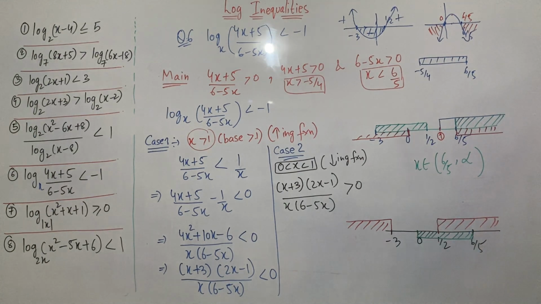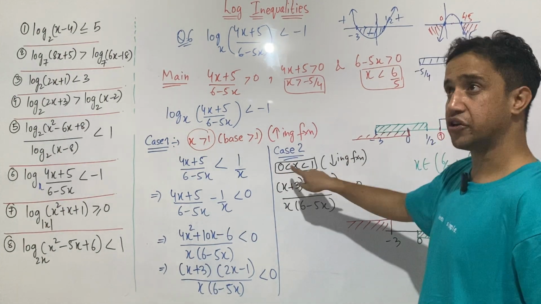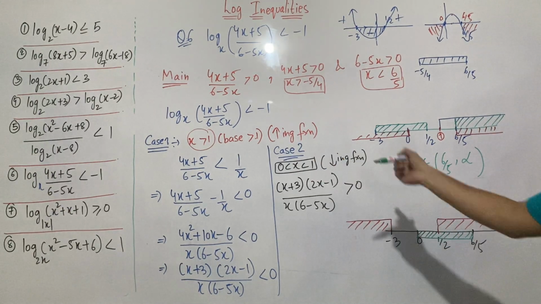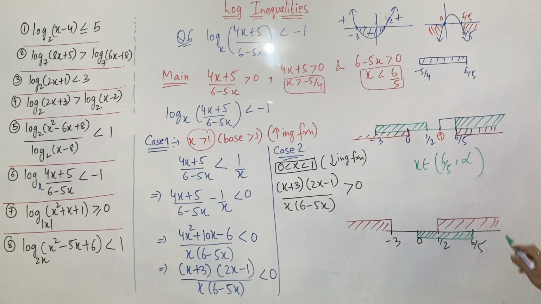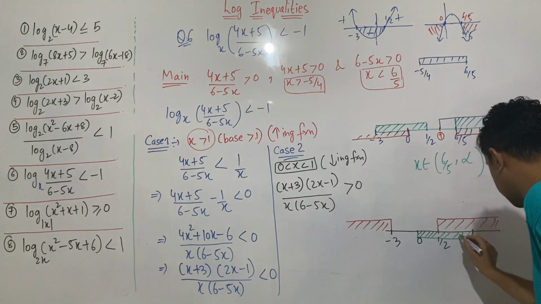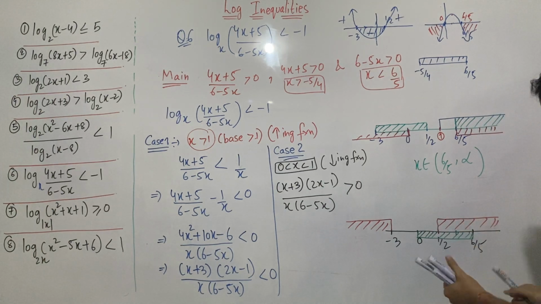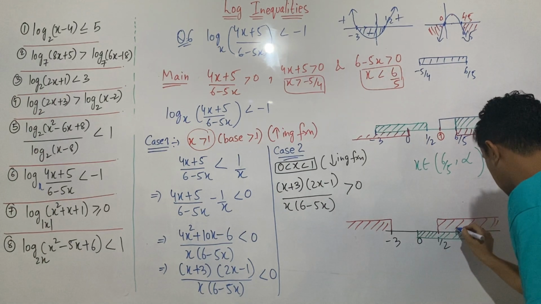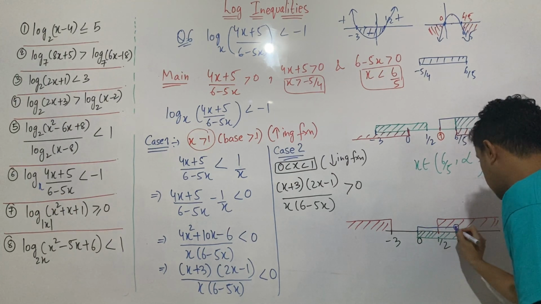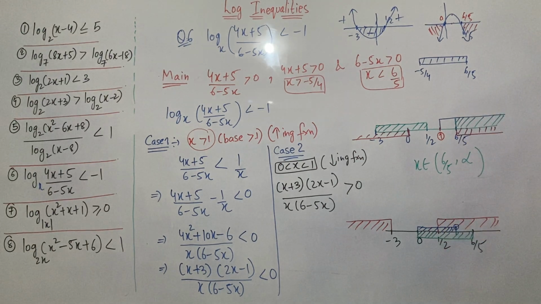Now, the condition here says x belongs to (0, 1), open brackets, right? So it means that this is 1 here, this is 1 here. So it means this region. So what's the common region here?